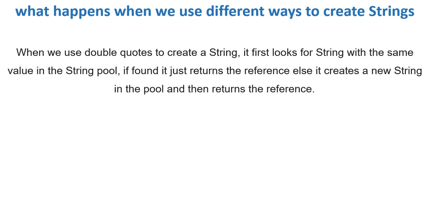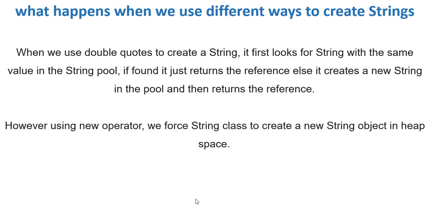But if the string is not there, what happens is it creates a new string in the pool and then gets the reference of that new string and retains that reference. That's what happens, right?